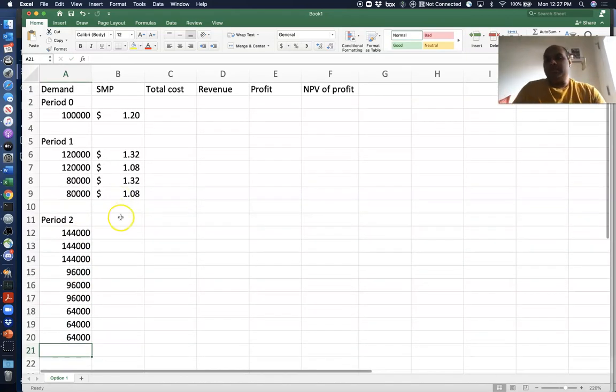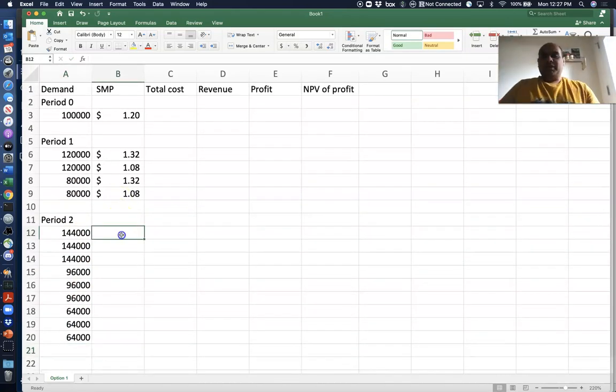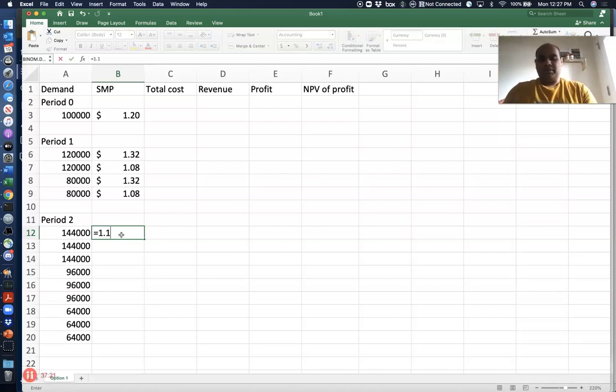And then the spot market price. Spot market price is, again, goes up and down by 10%. So we'll say goes up by 10% from here. And of course goes down by 10% from here. So this can come about in two ways.